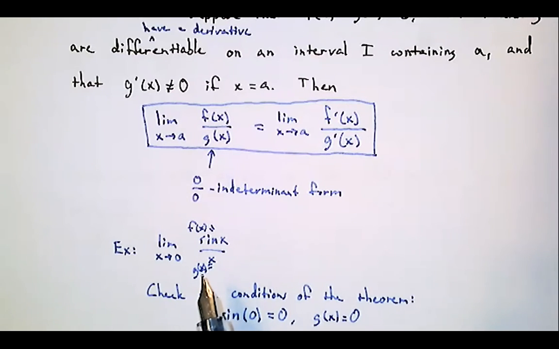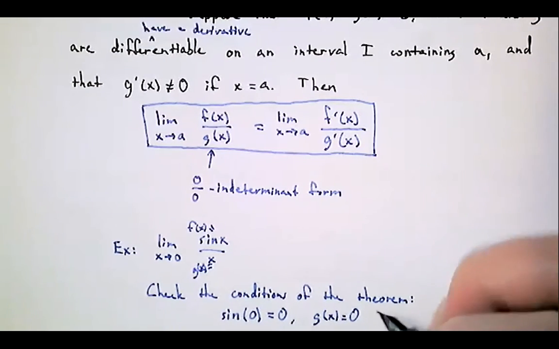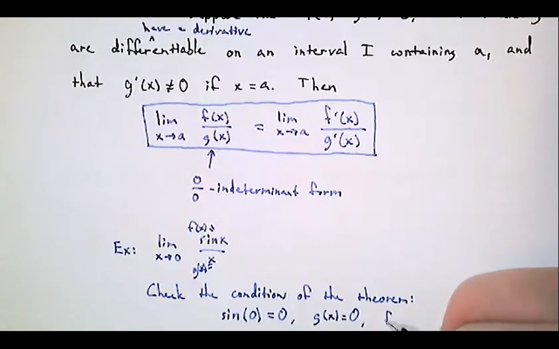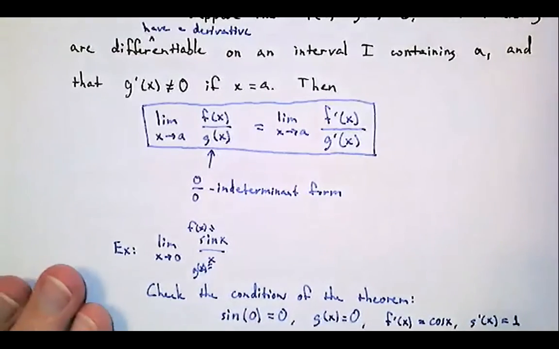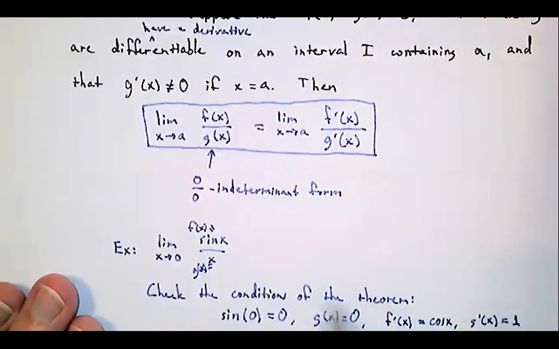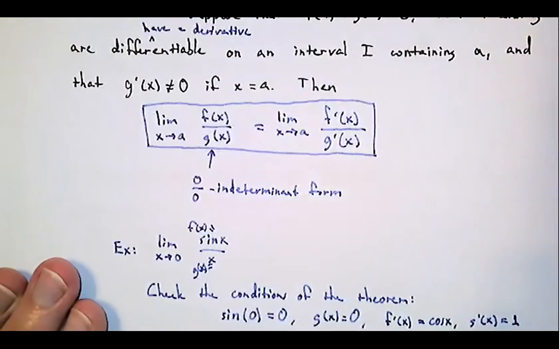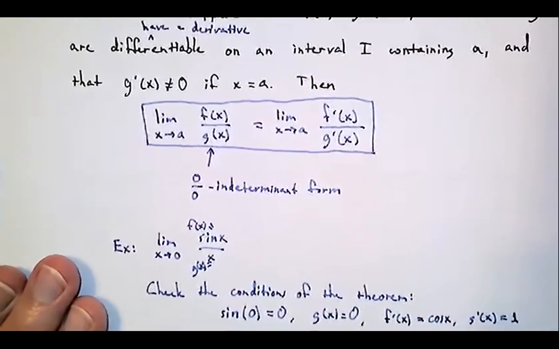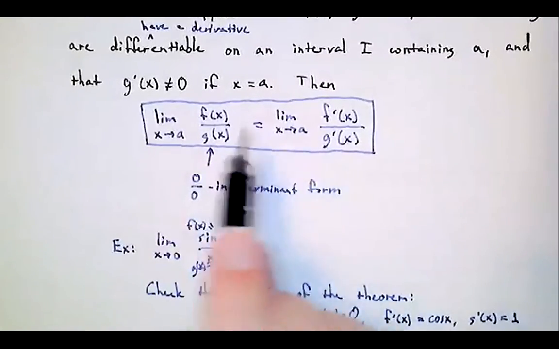We know that the derivative of g is 1. Okay, so since we've checked that all of these conditions of the theorem are true, we can actually use this formula.